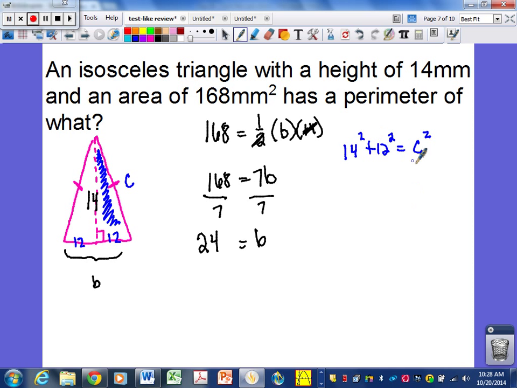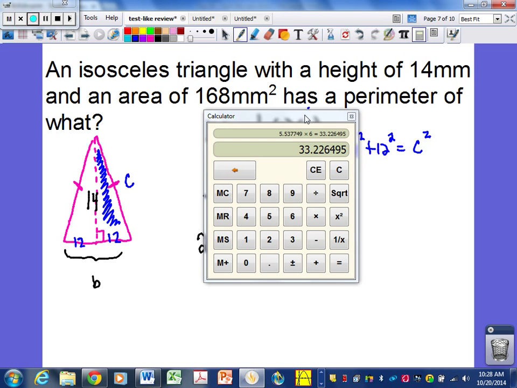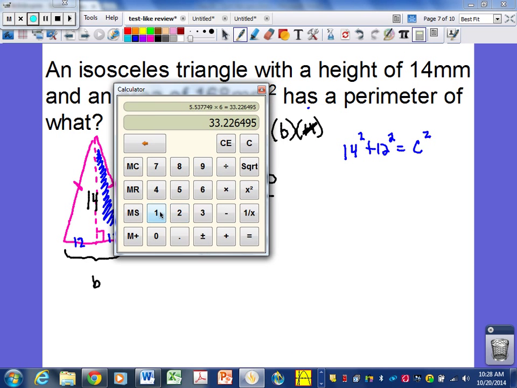Okay? This will allow me to find what the hypotenuse of this right triangle is, and it's also one of the legs of my isosceles triangle. So let's see, let's come over here. 14 squared. No, not square root. Sorry. Get rid of that. 14 squared plus 12 squared equals... I don't think that's right.